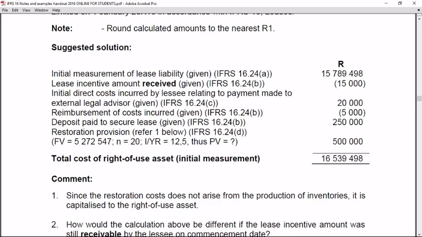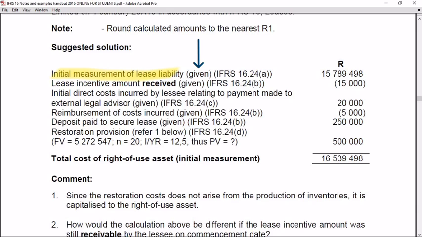Following the principles as set out in paragraphs 23 to 25, the cost of the right of use asset at initial measurement will include the following. First of all, the initial measurement of the lease liability. Please note, in this example, the amount was given. In future questions, you can expect to first have to calculate the initial measurement of the lease liability.